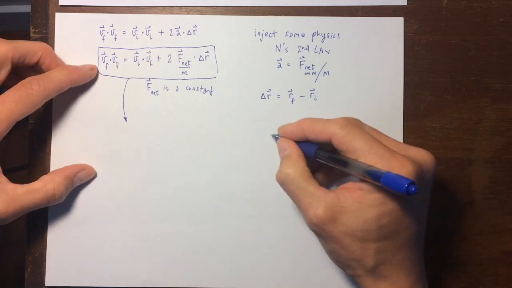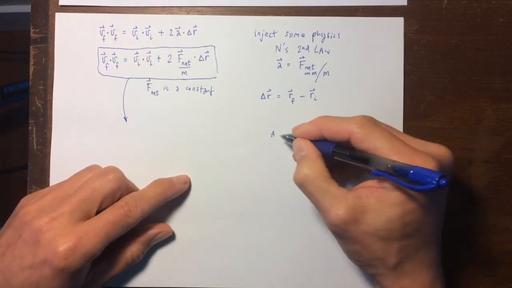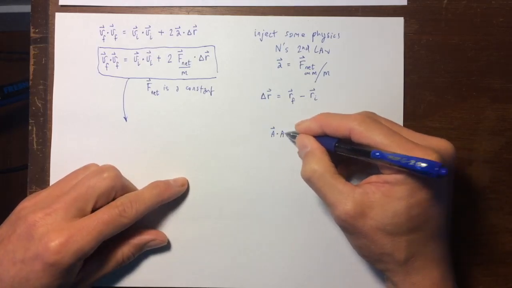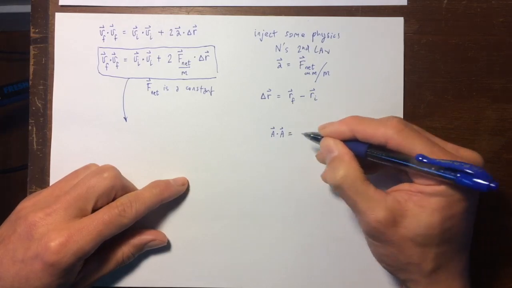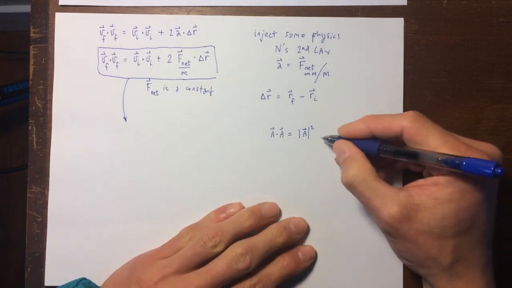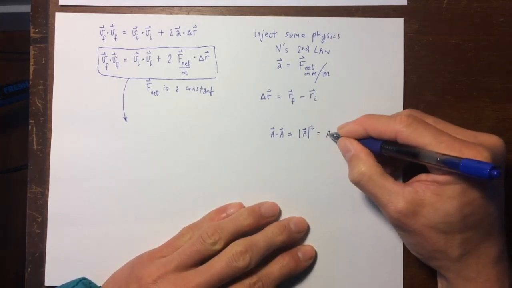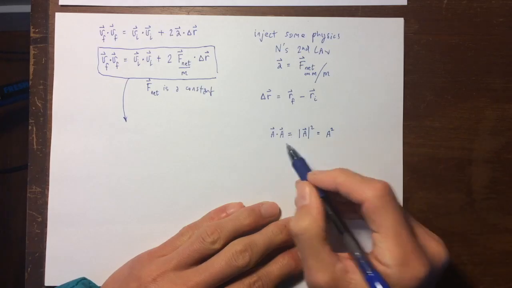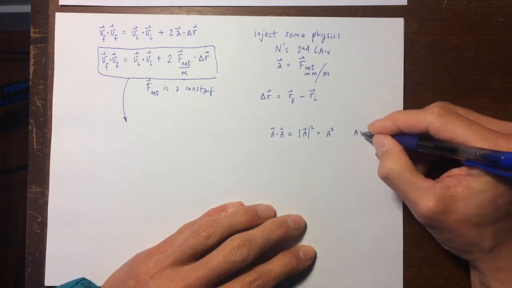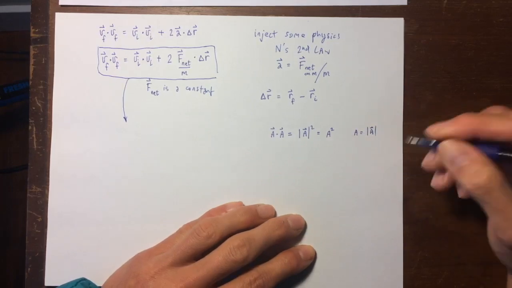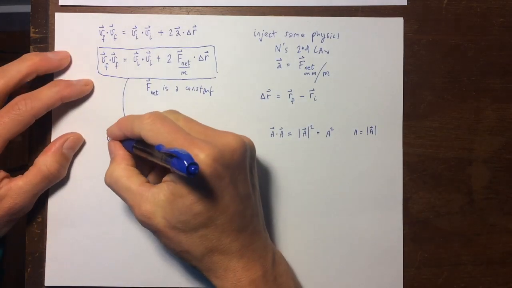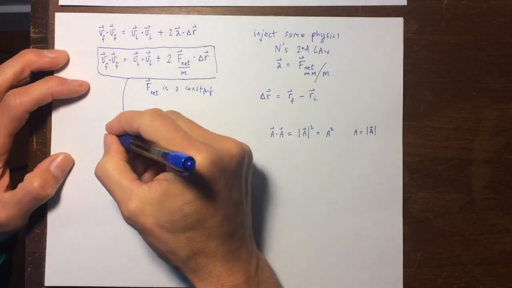We have a generic statement that if you take a vector A, regardless of what A means, it could just be pure math, A dot A is another way to write the magnitude of A squared. And sometimes a shorthand is to just drop the little arrow, indicating that we're talking about the magnitude of the vector A. That is, A equals the magnitude of the vector A. So if we use this notation, this is just V final.